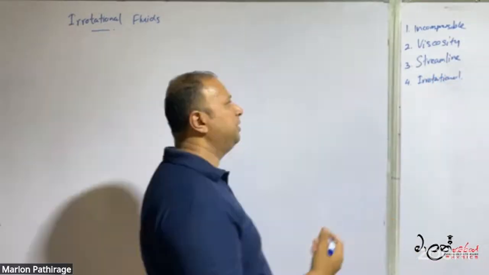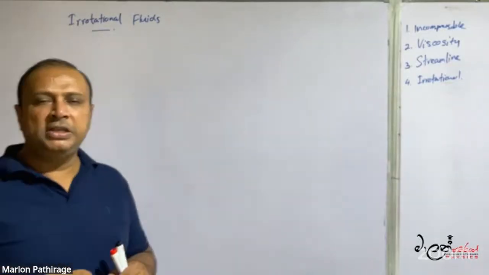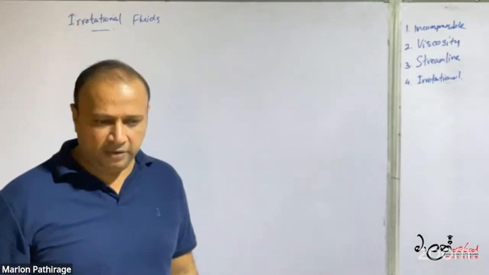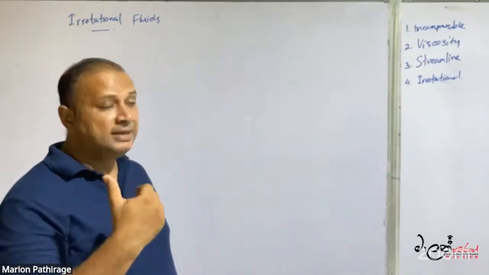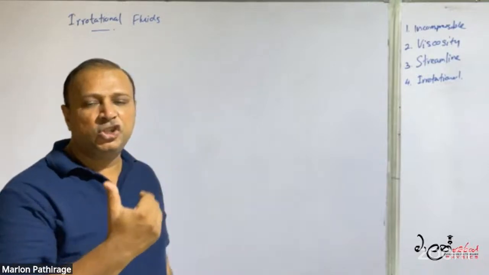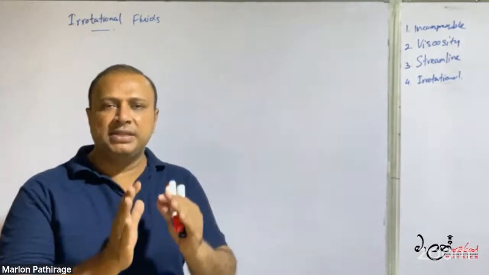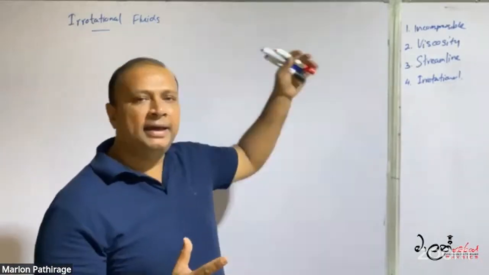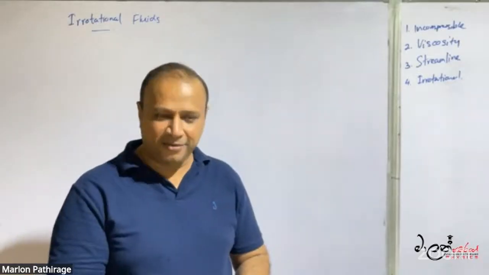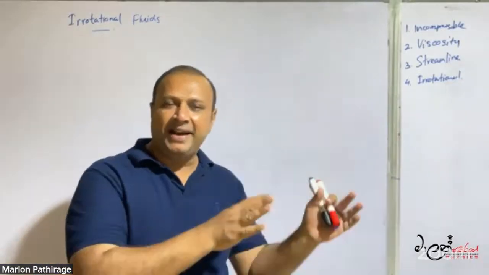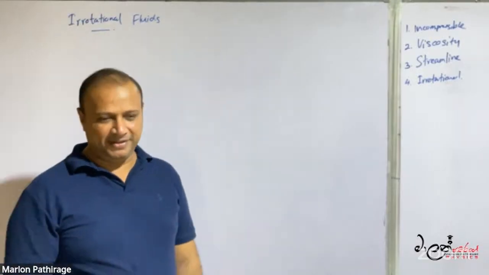Those are the properties of liquid flow we have discussed up to now: incompressible, viscous, streamlined, and irrotational. According to the presence of those properties, we can categorize fluid flows as ideal and real fluids.